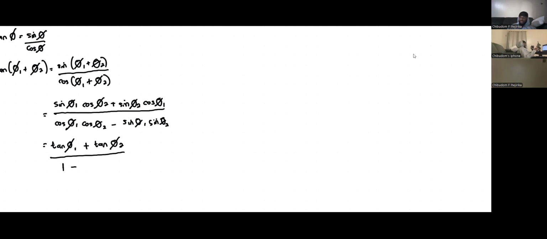But basically, what we're going to do is divide all through by the cosine. That's why it's going to look like this. You know sine over cosine is equal to tan, so it goes across, really.